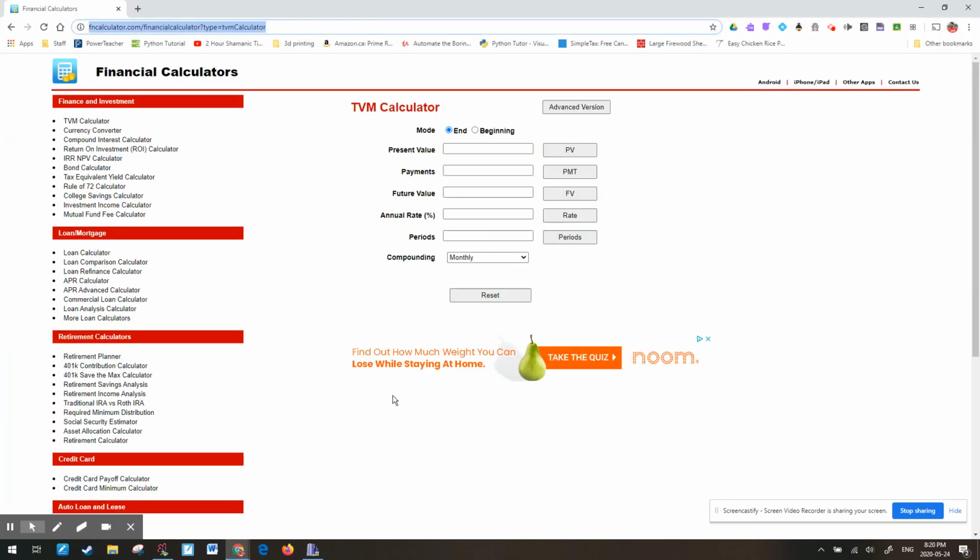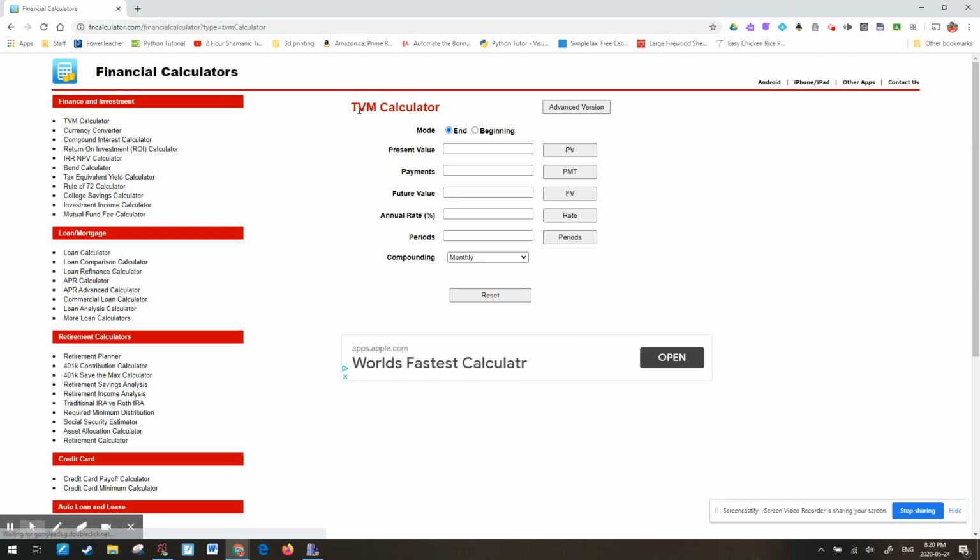So on to that web page that I linked off of the Google Classroom. This is what it looks like. And so you can see TVM calculator is what we're on, and that stands for the time value of money. And so this one is laid out very, very nicely. There's a field for present value. There is a field for payments.